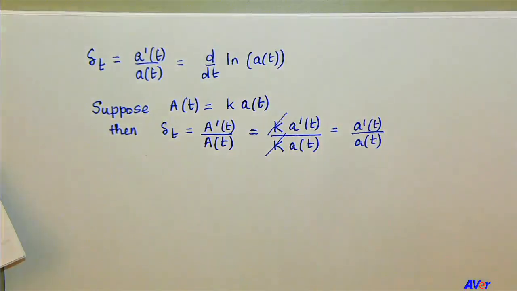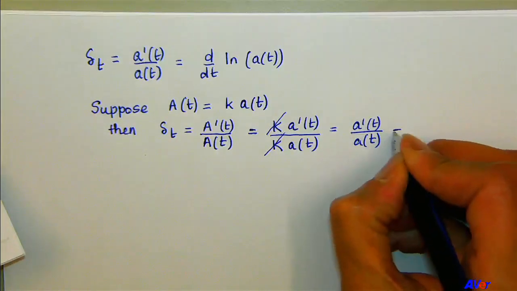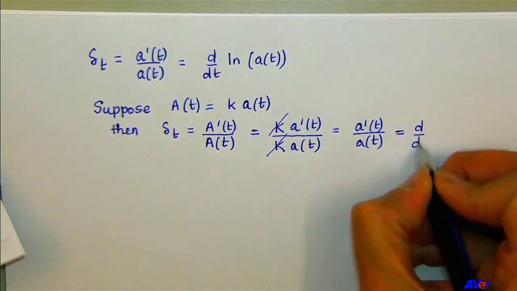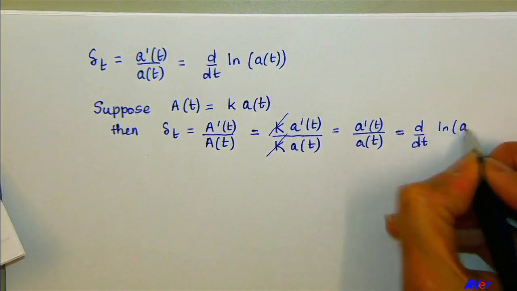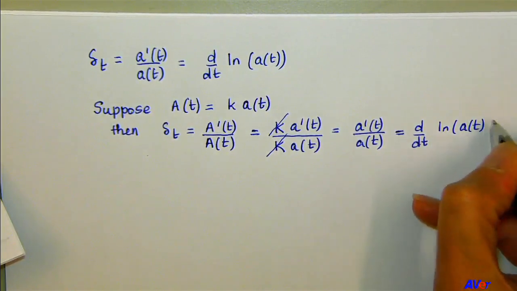So when you are given capital A of t, you can do exactly the same formula that you would have done before. So I want to say this equals d/dt of ln of A of t, like so.